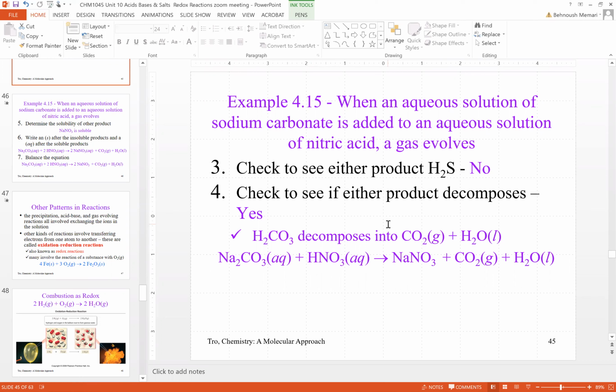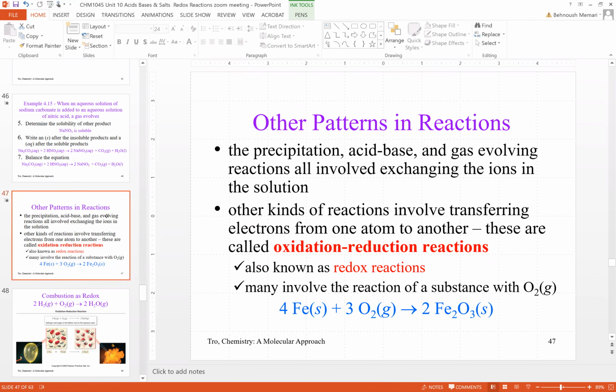Okay, so this is reactions that involve gas, another type of reaction. We looked at precipitation reactions, acid-base reactions, and reactions involving gas. Another type of reaction is oxidation reduction reaction. In an oxidation reduction type reaction, one element is being oxidized and another element is being reduced.